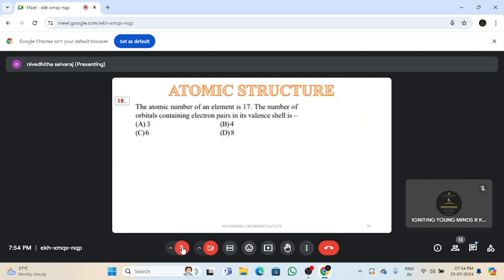Okay. The atomic number of an element is 17. The number of orbitals containing electron pairs in its valency shell is dash. Option A 3, option B 4, option C 6, and option D 8.